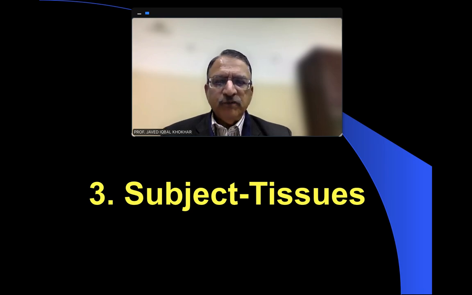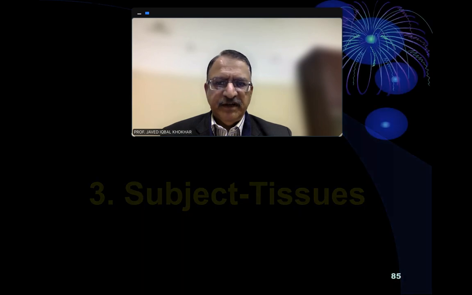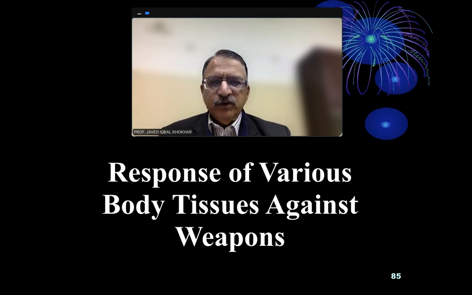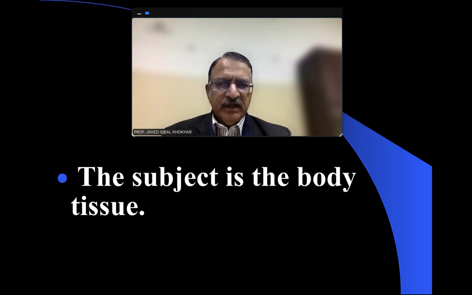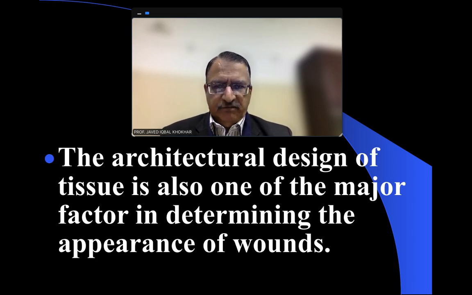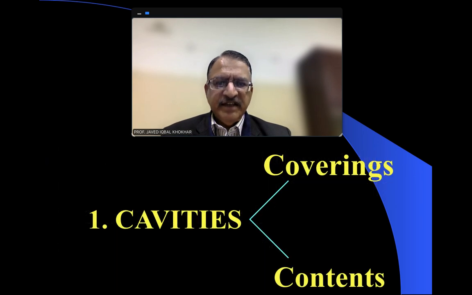Now when we talk about the subject, the tissues where the force is being dissipated, the response of various body tissue, we know the architectural design of various tissues is different, they will behave differently. The subject is the body tissue and they are having different architectural designs, and there are cavities.